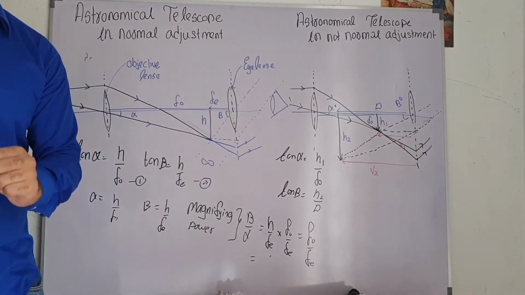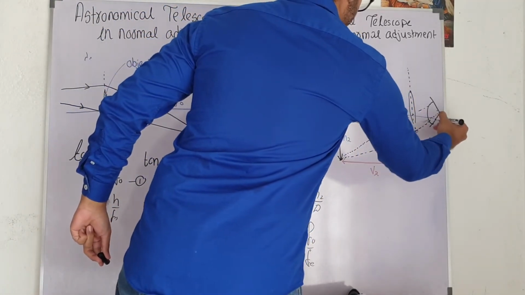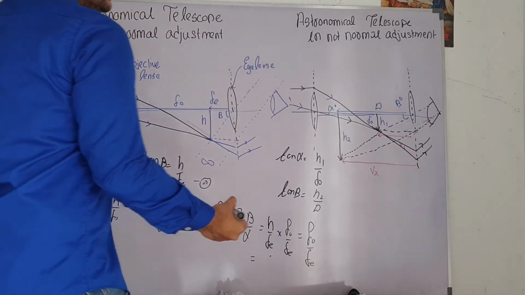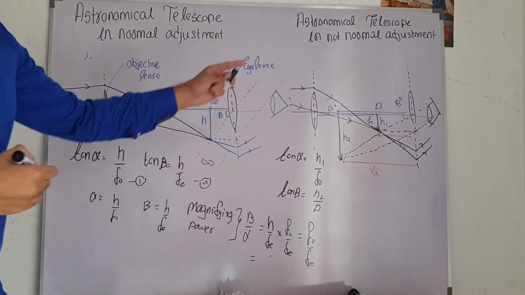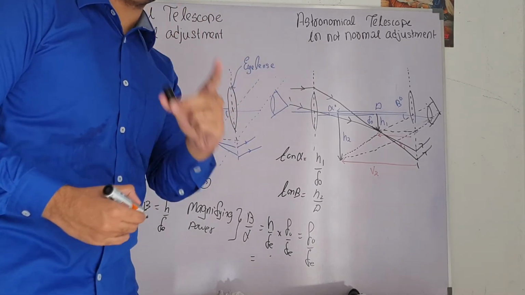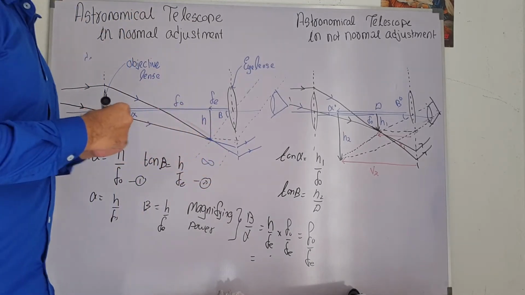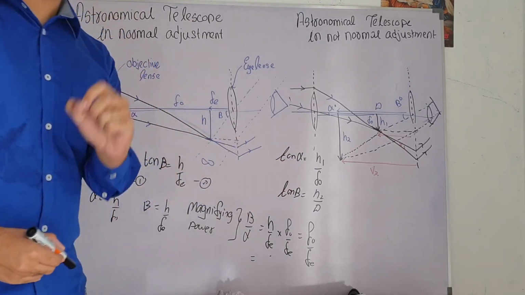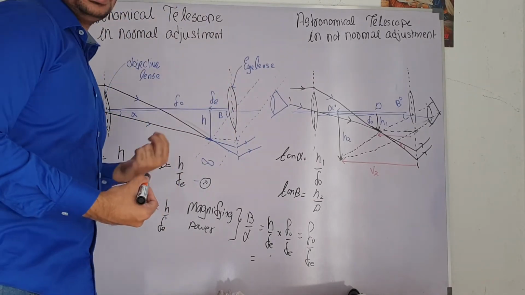D is the near point of the human eye. If we place a human eye here and observe an image, your near point, or your point of distinct vision, is represented by this value d. Alpha and beta are very small angles, so they will just be alpha and beta in order for us to get the equation.